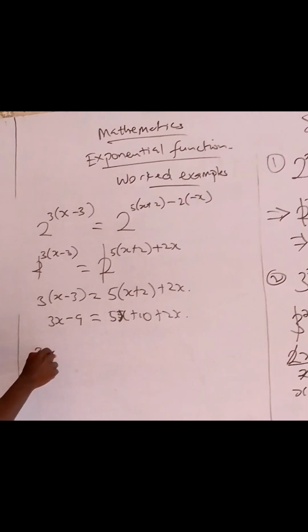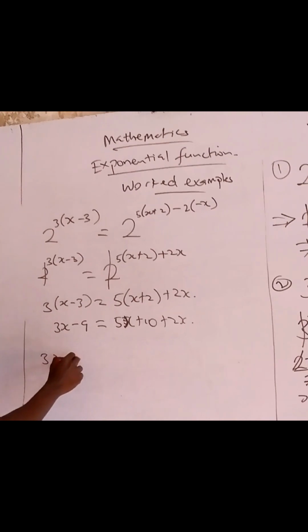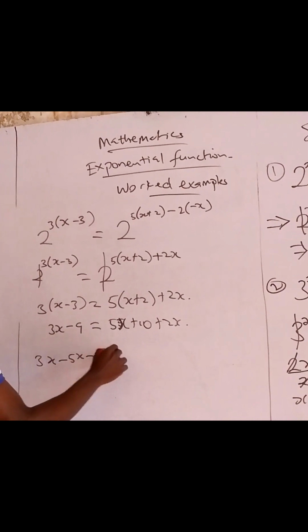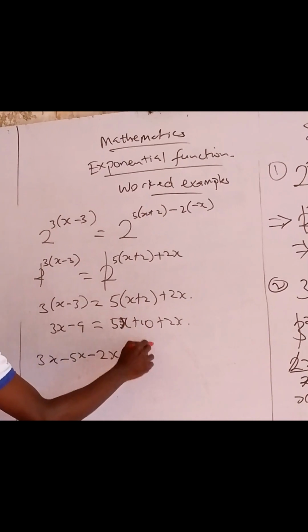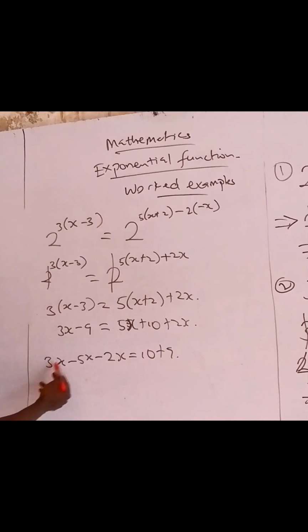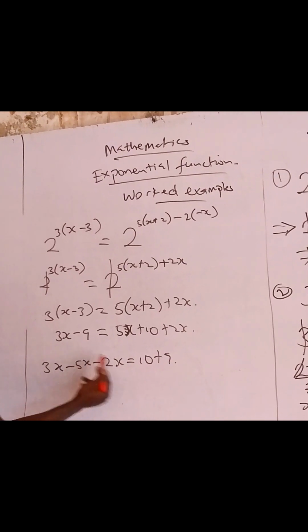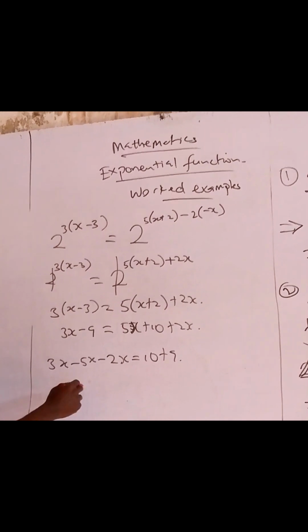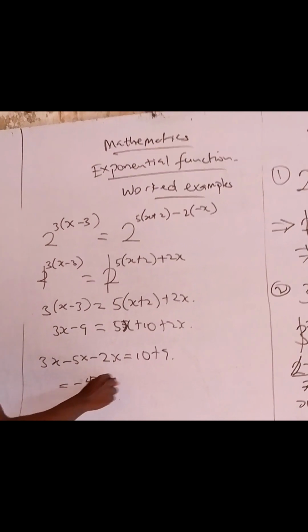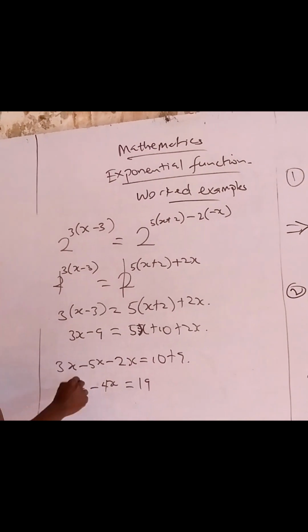So let's collect the like terms. You have 3x, bring this minus 5x, bring this minus 2x, equal to 10 plus 9. So 3x minus 5x minus 2x gives you minus 4x, equal to 19.